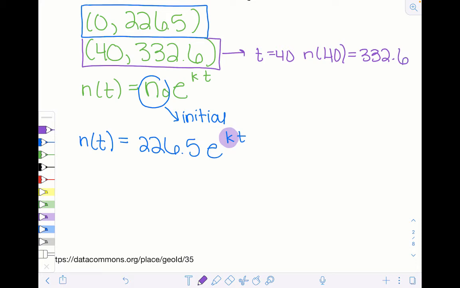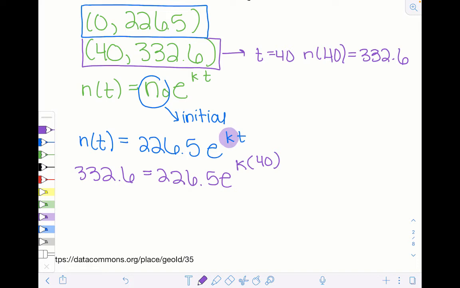So I'm going to plug that in and set the whole thing equal to 332.6, leave k alone because that's what we're trying to figure out, and plug in our t value, or time, which we have as 40. Then we can solve this exponential equation.